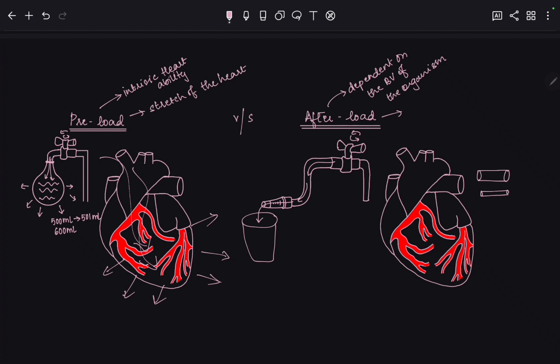Afterload is the force of contraction of the heart. So I hope both these concepts, preload and afterload, were clear.